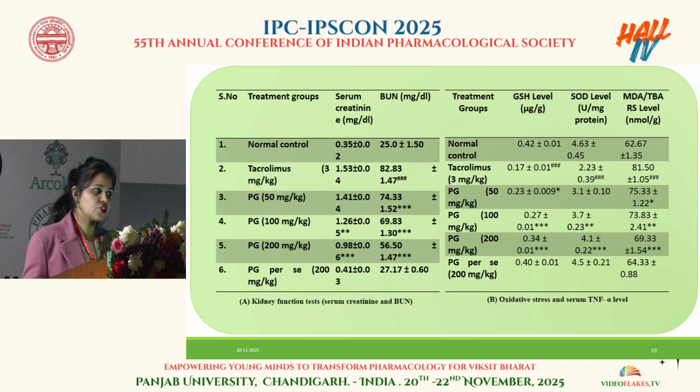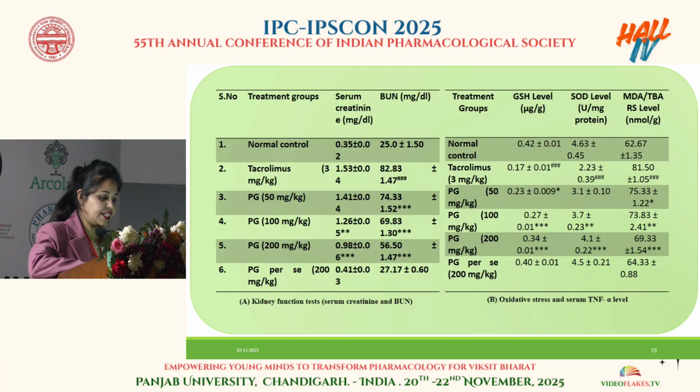So these are the results of my study. You can see that the first table describes the serum creatinine and BUN level. In serial number 2 in the table, the tacrolimus 3 mg per kg had significantly increased serum creatinine. The normal value of serum creatinine is 0.9, but tacrolimus increased the creatinine value to 1.5 and BUN value to 82.83.